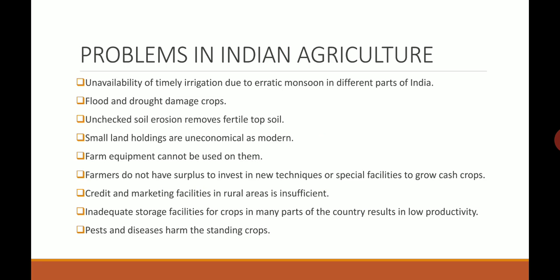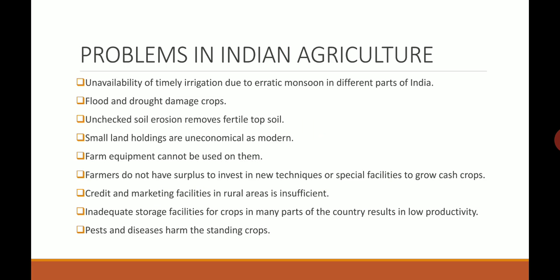It means timely checking of soil erosion must be done so as to maintain the fertility of the soil every time. Small land holding, means small agricultural land holding, is very uneconomical as per modern criteria.